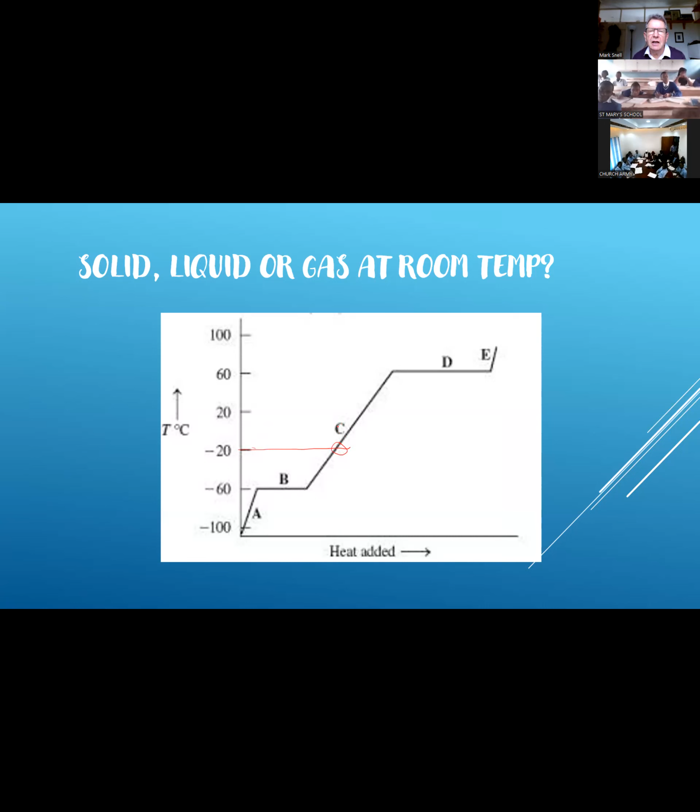This is C, this is a liquid. What would it be at -80? Oh, well, -80 is down here. That there is solid. This here is liquid. What would it be at 100? Nearly straight across. E, it would still be a gas. Okay, so that's what you do in these questions.